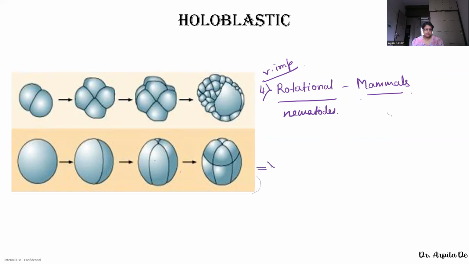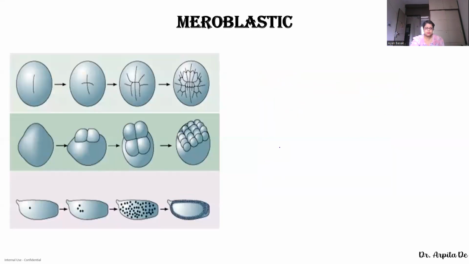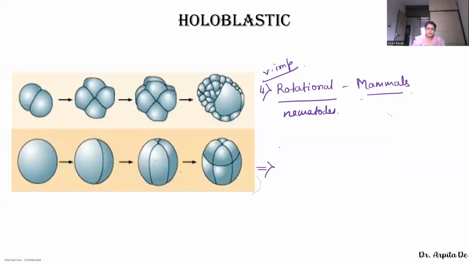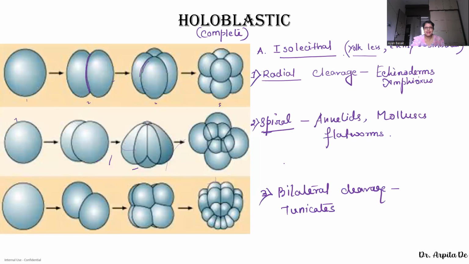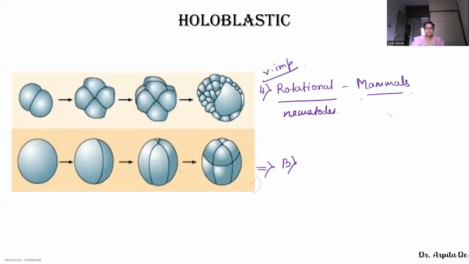What is this one? What is this? I would expect you to answer this. This is B. This is a hint. This one is A, isolecithal. This one is what?